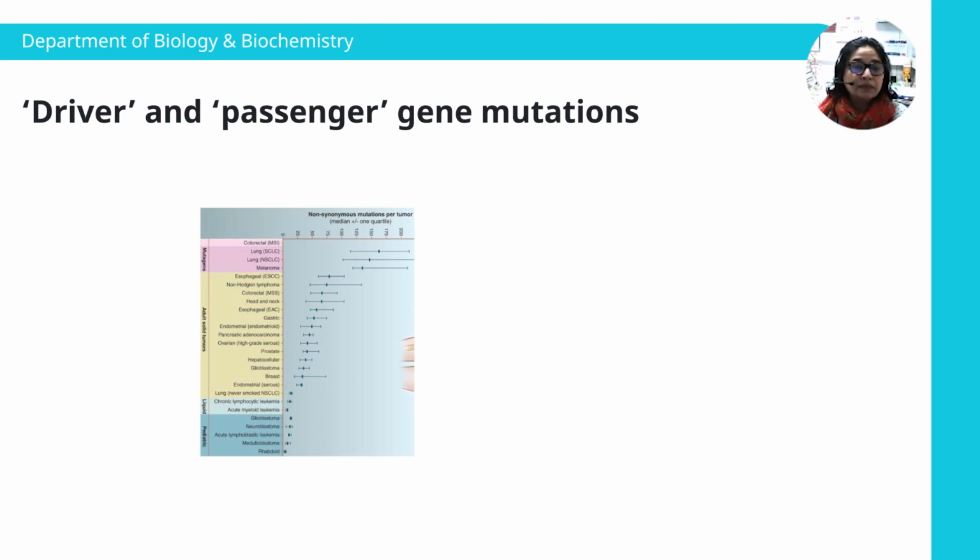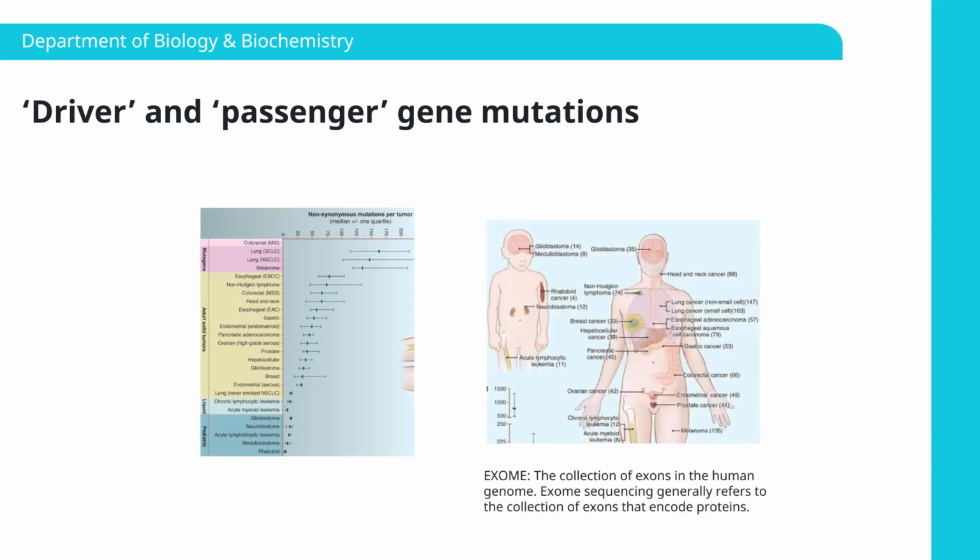And you can clearly see lung cancers, non-small cell or small cell lung carcinomas, a huge number of mutations and a huge diversity of mutation types too. So you have multiple mutations. On the other end of the spectrum, you have things like hepatocellular carcinoma or glioblastoma or prostate cancer, which have a slightly lower frequency.